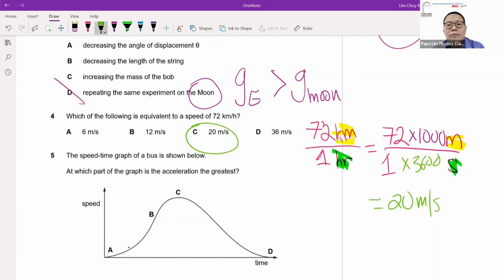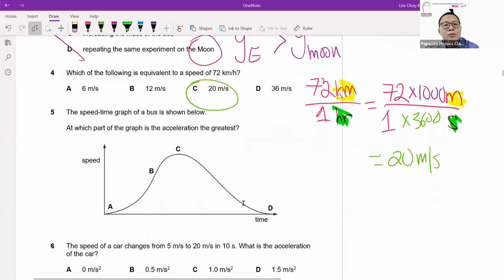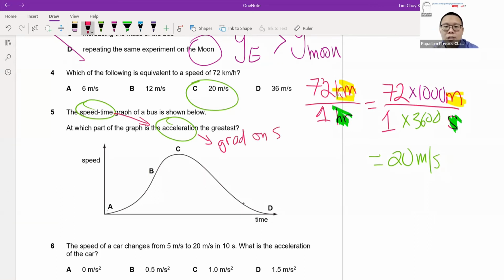Okay, now number 5 will be the speed time graph. When we look at the speed time graph and acceleration, the relationship between these two is that acceleration is also known as the gradient on the speed time graph.